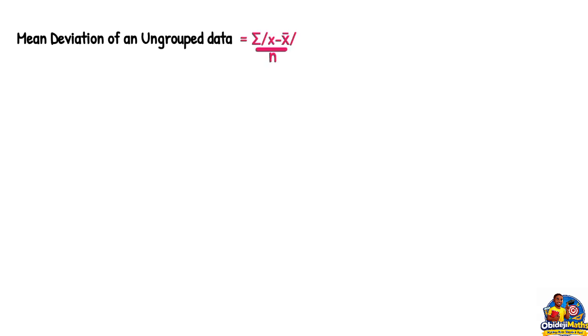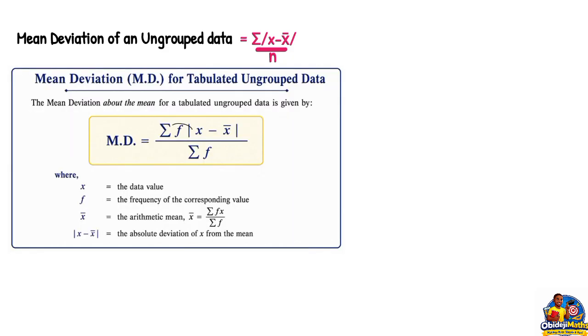Today we are solving questions on mean deviation, variance and standard deviation. In particular, we are focusing on tabulated ungrouped data. Earlier we discussed mean deviation of ungrouped data, which is summation |x minus mean| over n.